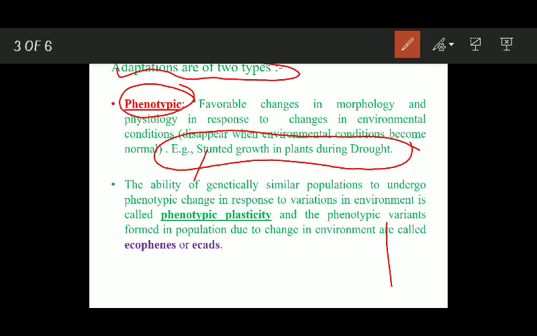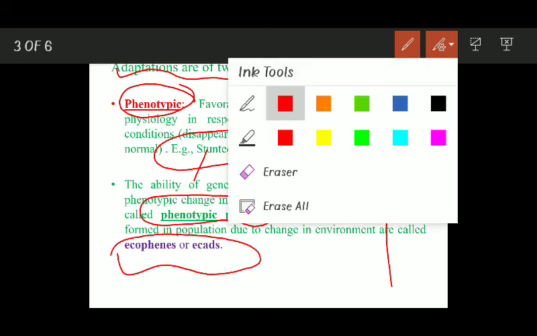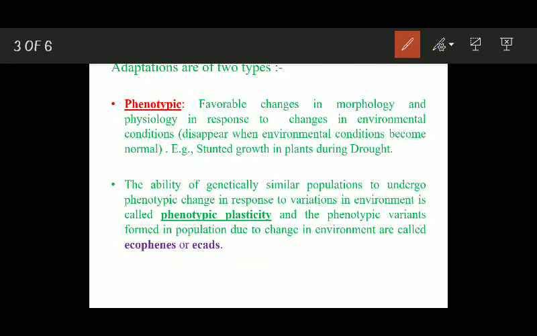Now, the important terms which are associated with phenotypic adaptations. First of all, we will talk about phenotypic plasticity and then what are ecophenes or ECADs. So, the ability of genetically similar populations. याद रखना, जो phenotypic adaptations होती है उसमें genetic material constant रहता है, it doesn't change, it doesn't vary between organisms.